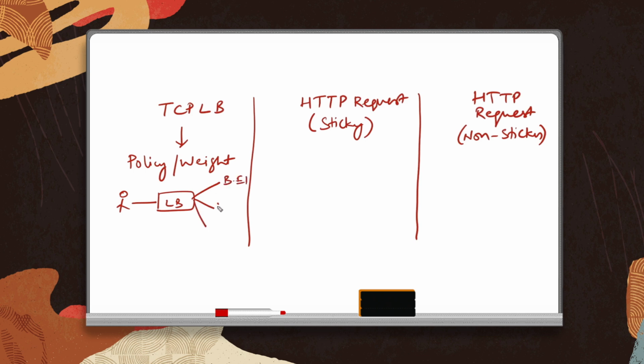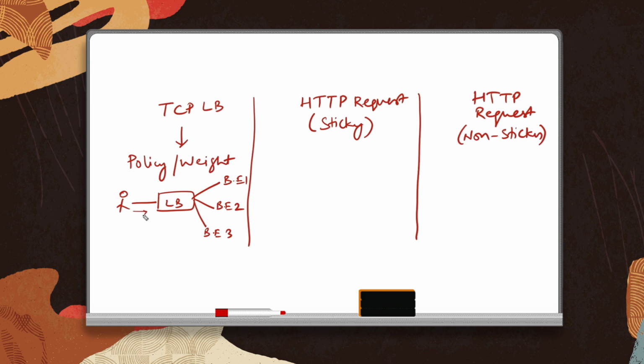Let's say this is backend 1, this is backend 2, and this is backend 3. In case of TCP load balancer, it is going to consider the policy and the weight criteria that we have defined to direct an initial incoming request. So let's say this is the first time the request is coming in.